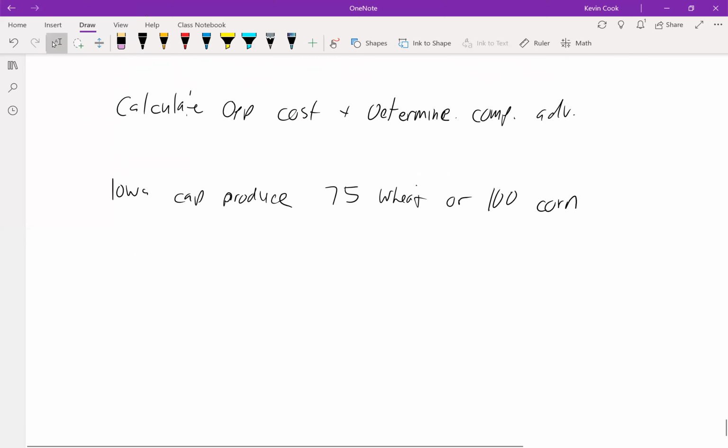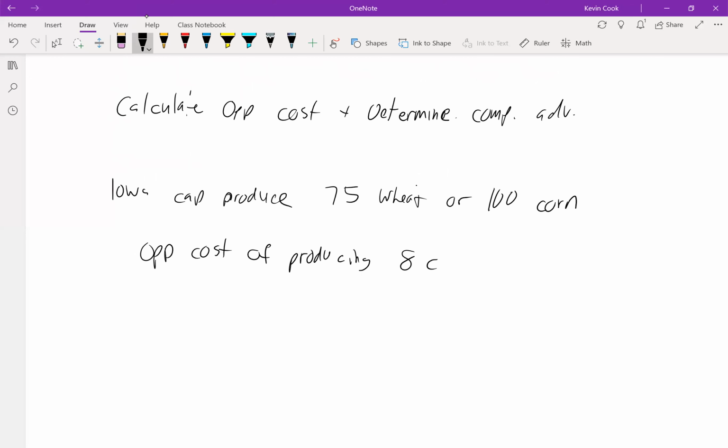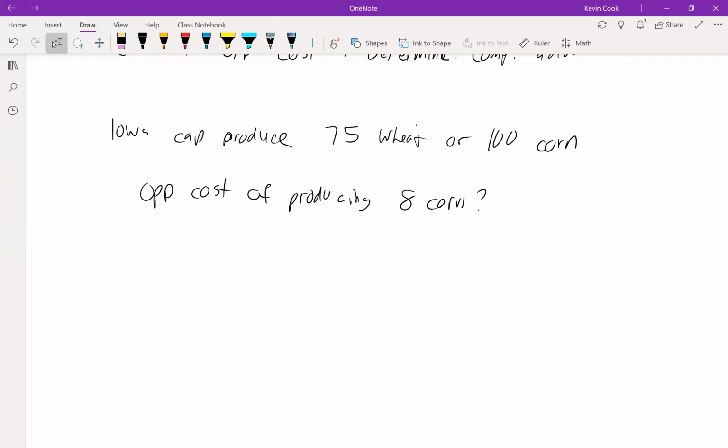We might ask, what is the opportunity cost of producing, say, 8 corn? In this case, we want to figure out how much wheat we have to give up to produce 8 corn. To figure this out, we can do it a couple of ways.